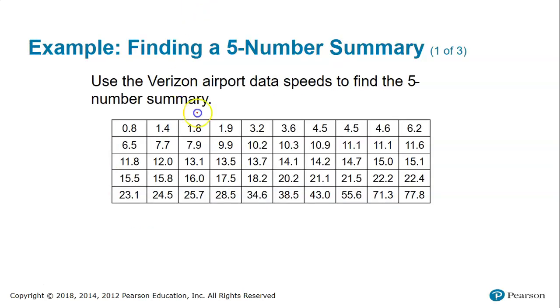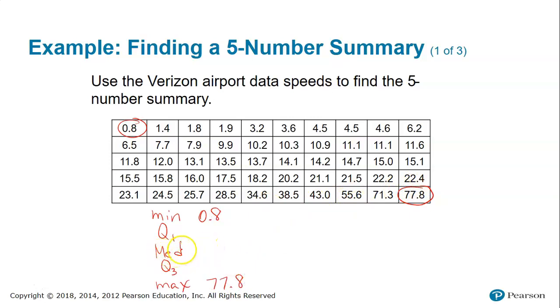Okay, so if we want to look at this data set here and find the 5-number summary, we just said our 5-number summary is the minimum, the first quartile, the median, the third quartile, and the maximum. These again need to be in order. So we can pretty clearly see the minimum is going to be 0.8. The maximum is 77.8.